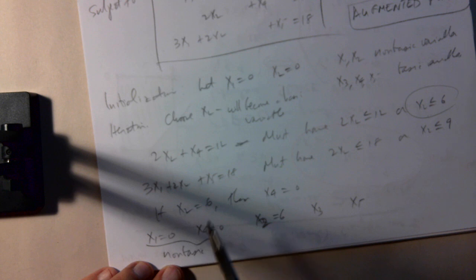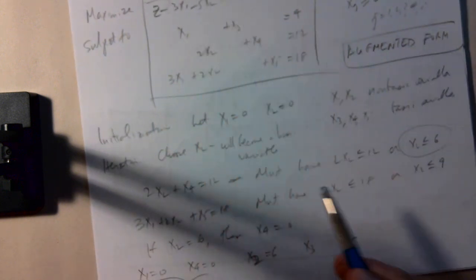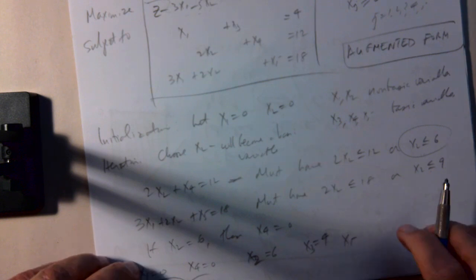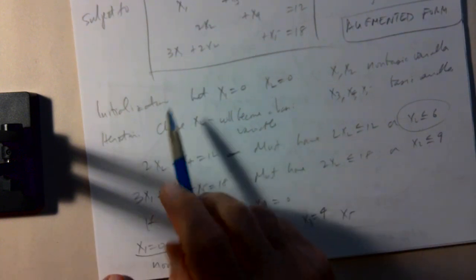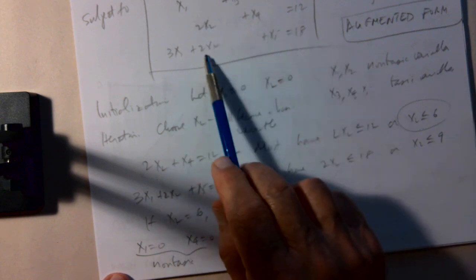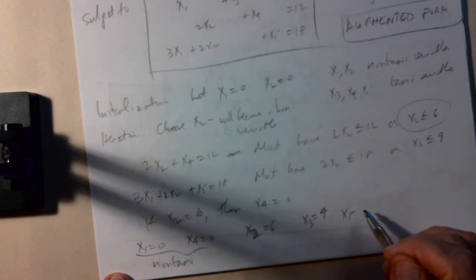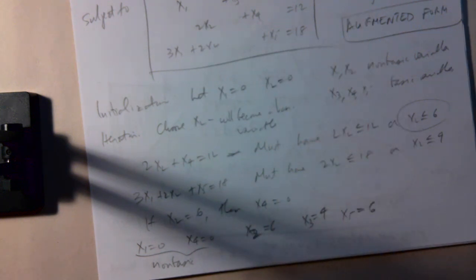What is x3? When x1 is 0, x3 is 4. When x1 is 0 and x2 is 6, this is 0 plus 12 plus x5 is 18, so x5 is going to be equal to 6.